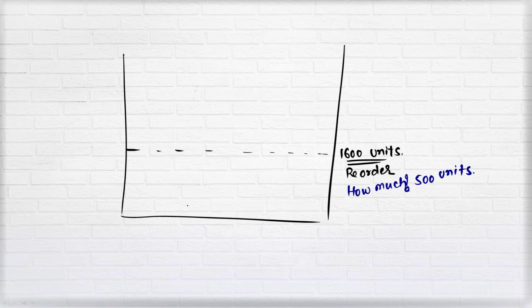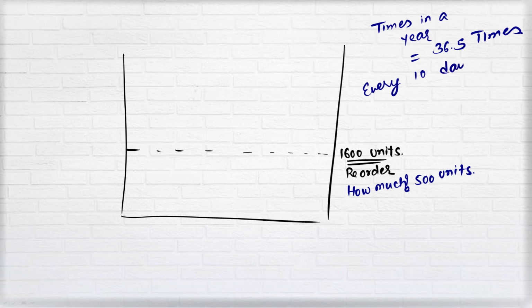And how many times in a year you order this? 36.5 times. If you order 36.5 times in a year, you are ordering every 10 days.